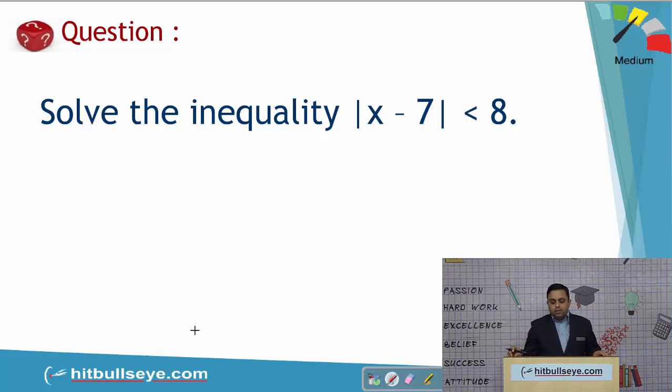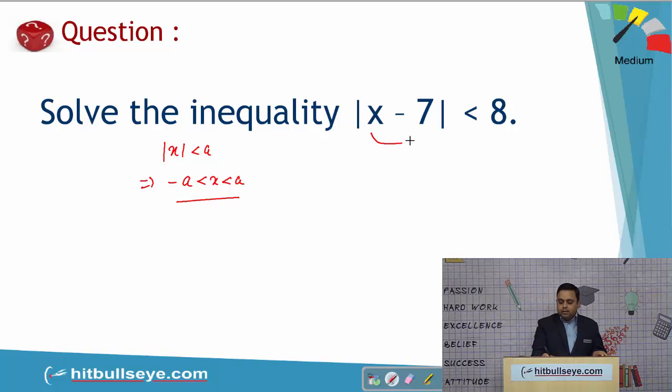Here we have mod x minus 7 less than 8. Now we know that mod x less than a means that x lies in between minus a and a. If I use this concept here, I can compare the number inside the modulus with the x.